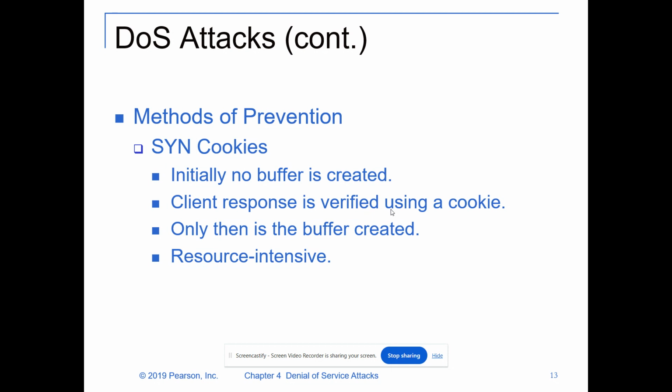It then receives the ACK and checks for confirmation of the hash in the header. Only at that point is the buffer created, avoiding allocating resources for false SYNs. However, as in much of the world when it relates to technology and computers, this is extremely resource intensive.